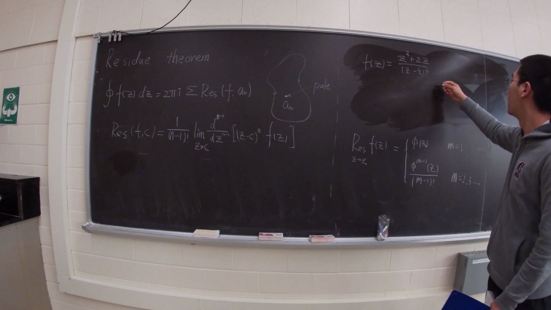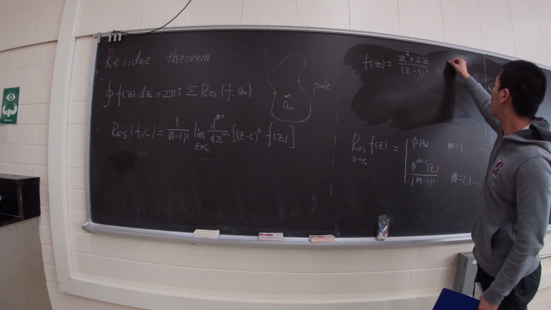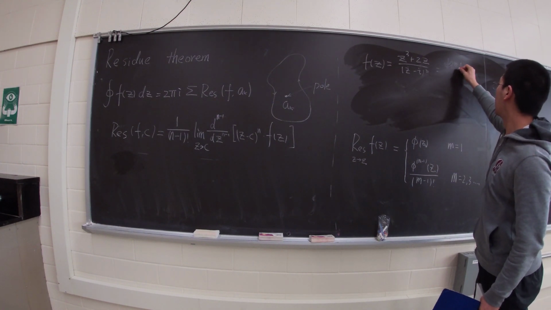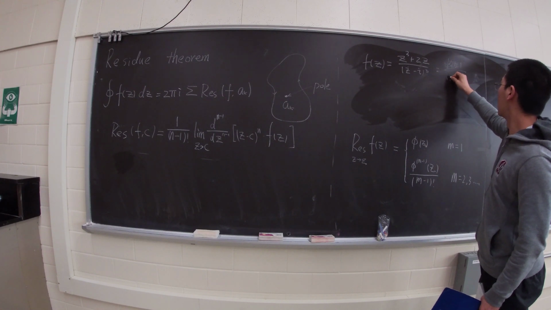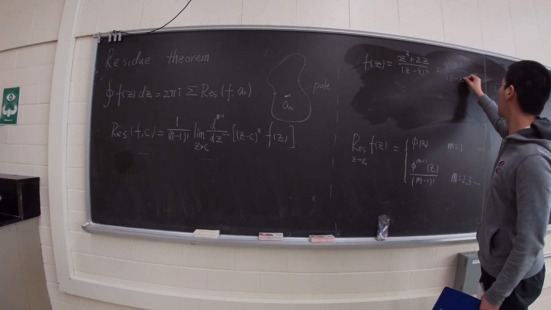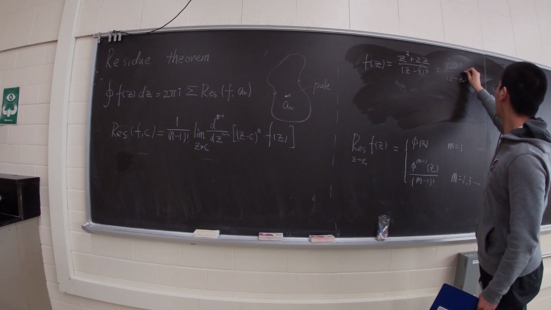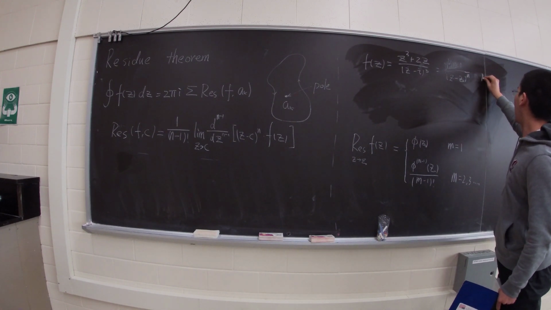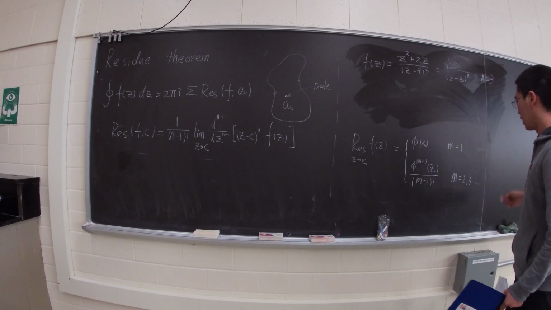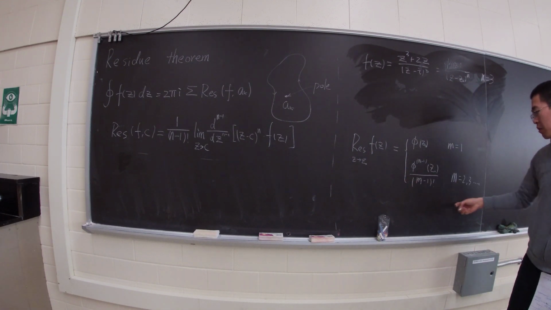See, this is in the form of phi(z) over (z minus z naught) to the nth power. For this case, m equals 3. So it falls into this scenario.